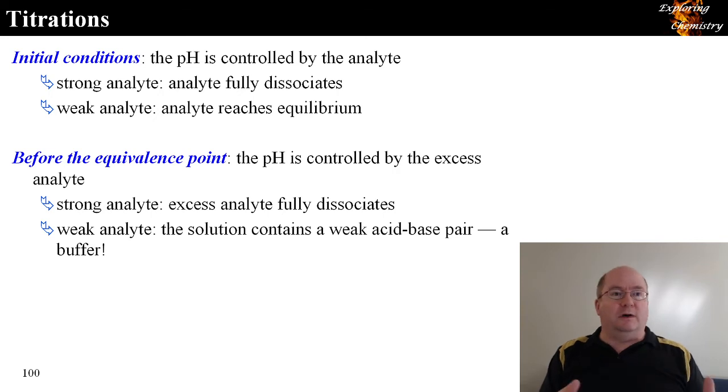If you don't realize you have a buffer, you still have an equilibrium, and you can set it up and solve it using Ka as you normally would. You can either use the Henderson-Hasselbalch equation or solve it using an ice table. It doesn't matter, as long as you realize you have some of the conjugate acid-base pair. So those are the calculations of pH for initial conditions and before the equivalence point.